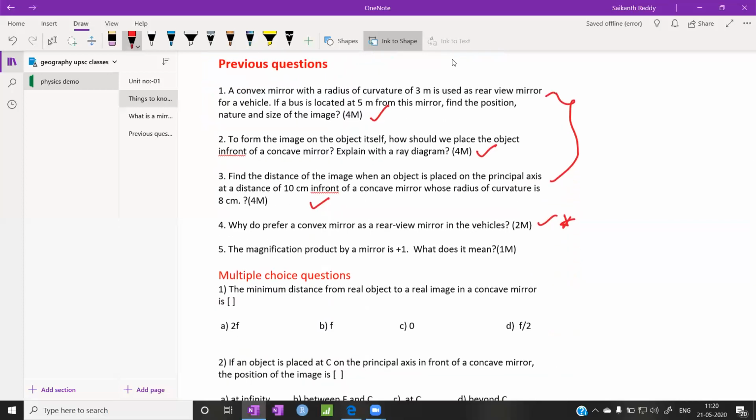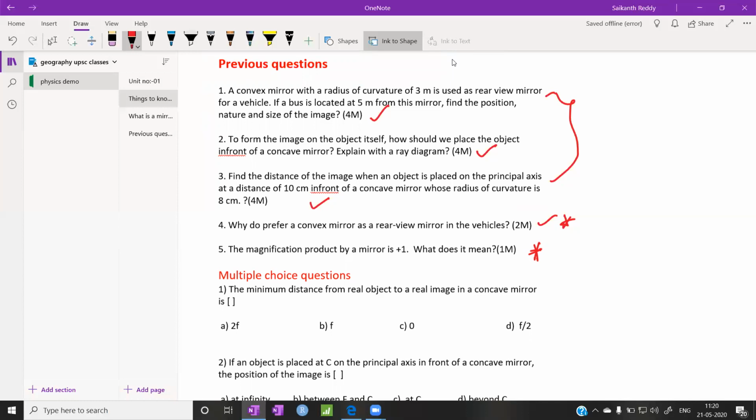And for the 1 mark question, most of the time this question is asked: the magnification produced by a mirror is +1. What does it mean? It has a lot of meaning, my dear friends.